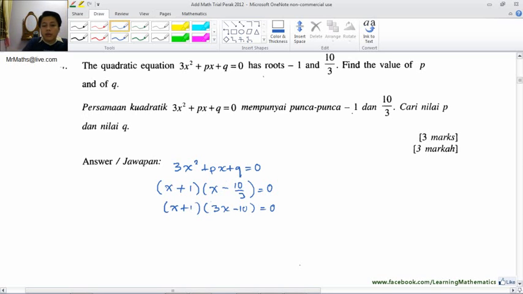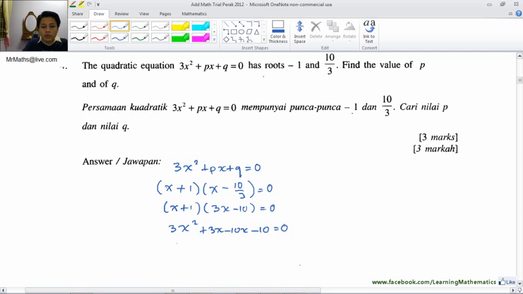And then let's try to open up this bracket. So that makes it 3x squared plus 3x minus 10x minus 10 equals 0.